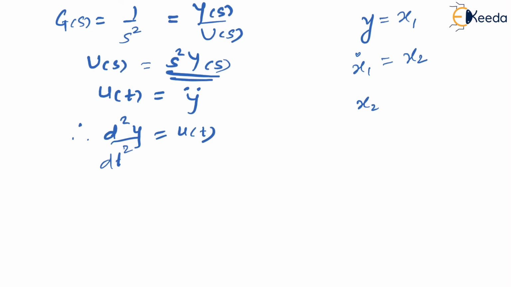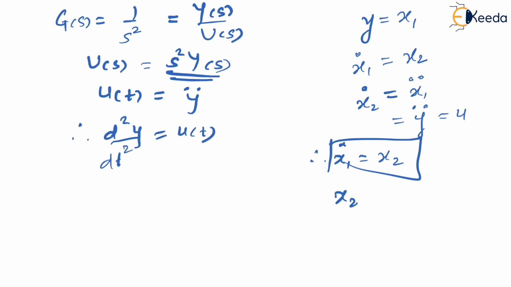Now, what is x2 dot? Yes, x2 dot is nothing but x1 double dot. What is x1? x1 is nothing but y, so it becomes y double dot. And we know that y double dot is nothing but u. So you understand that x1 dot equal to x2 is one equation, x2 dot equal to u is another equation, and y equal to x1 is another equation.